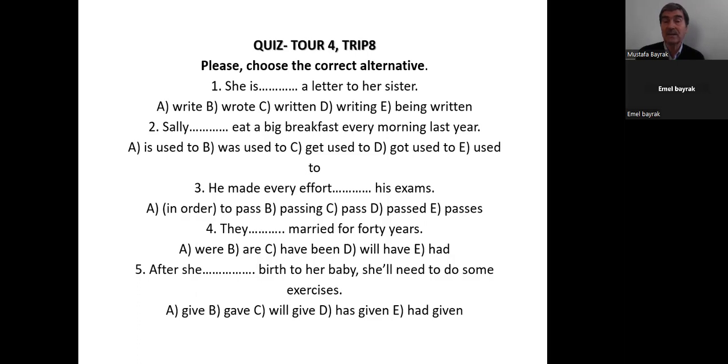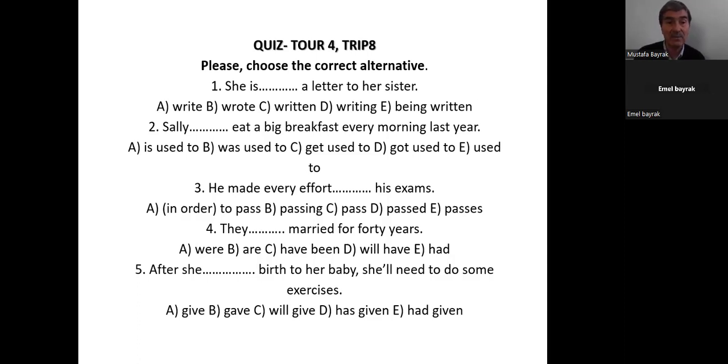But now it says for 40 years, so C is true. They have been married for 40 years. They were married 40 years ago. They are still married, okay? So they have been married for 40 years.